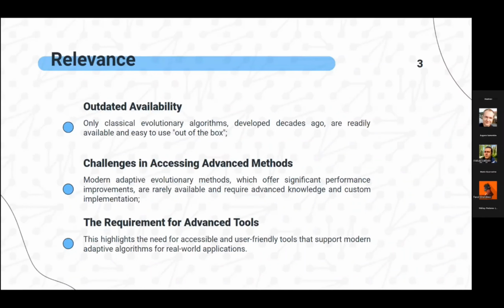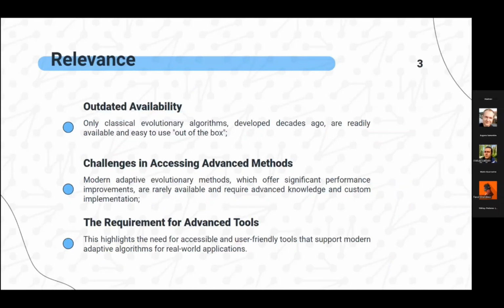Classical evolutionary algorithms, like the standard genetic algorithm or basic differential evolution, are widely available in popular libraries. However, modern adaptive methods, which can greatly improve performance, are often harder to find.